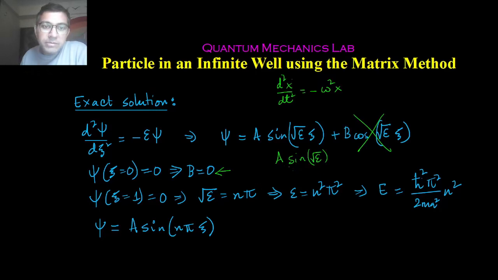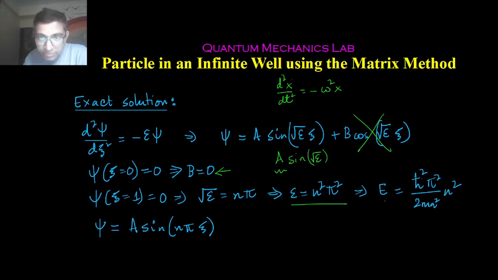If we put in a is equal to 0, the wave function becomes trivial. 0 is always a solution to a homogeneous linear differential equation, but we are interested in a non-trivial solution where there is a non-zero probability of the particle being somewhere, and in that case we don't allow this a to be 0, so the sine term must be equal to 0, and that is only possible if the thing inside the sine is an integral multiple of pi. So root of epsilon must be n times pi, which means that epsilon is n squared times pi squared.